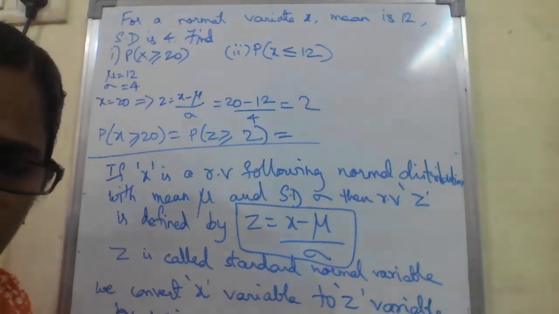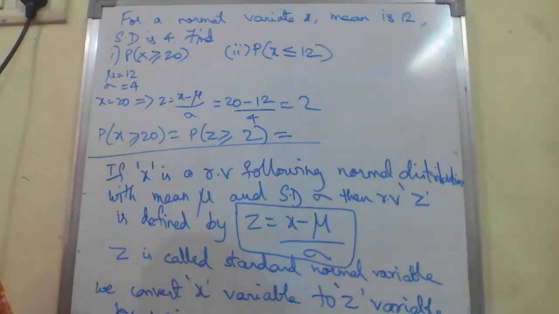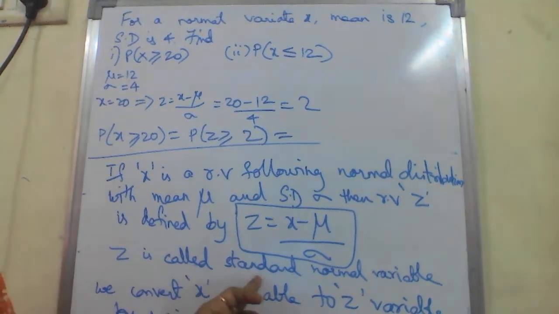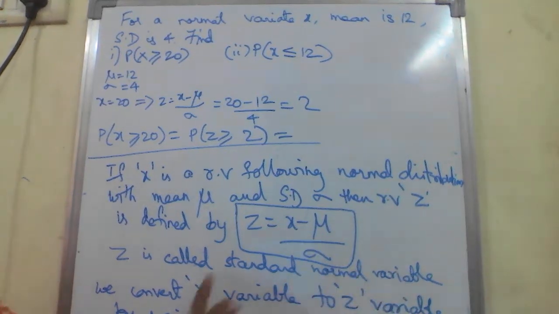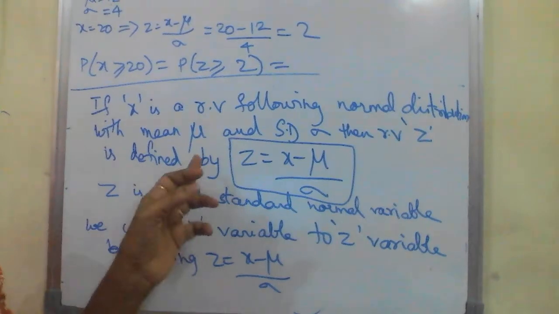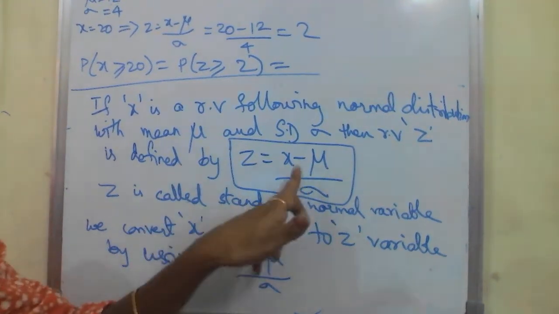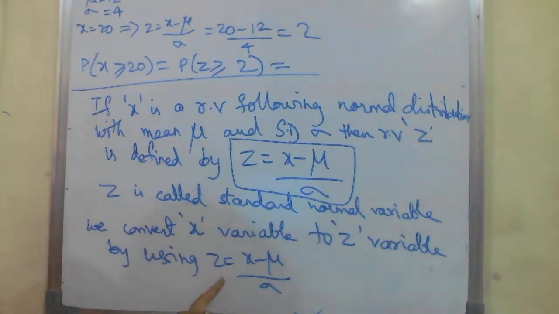Z equal to x minus mu by sigma, and this z is called the standard normal variable or standard normal variate. Why do we use this z? To convert the x variable into the z variable.